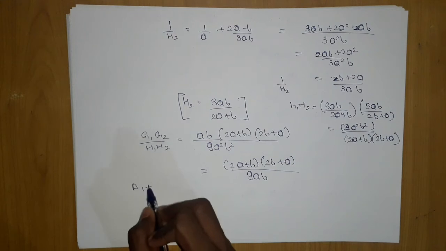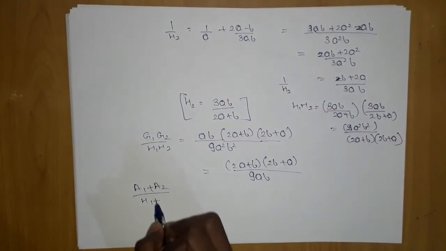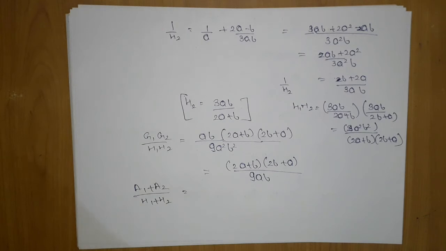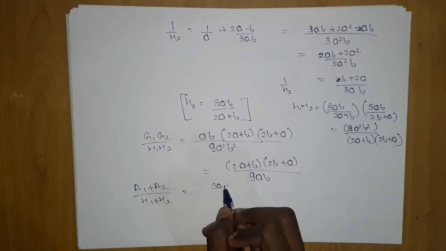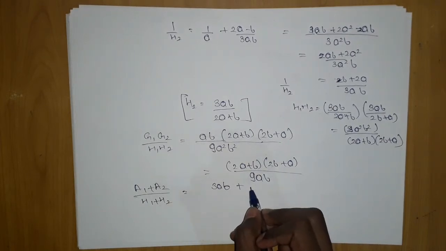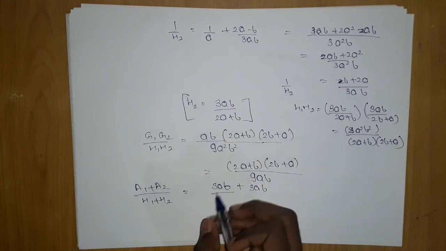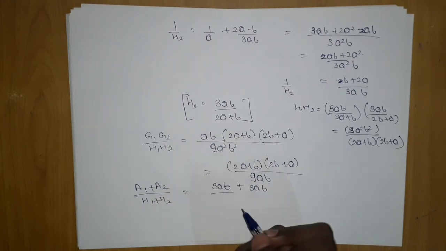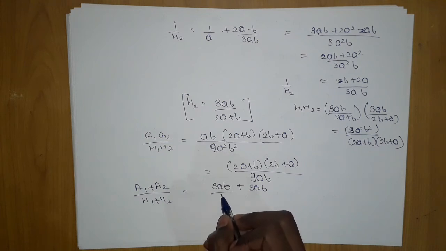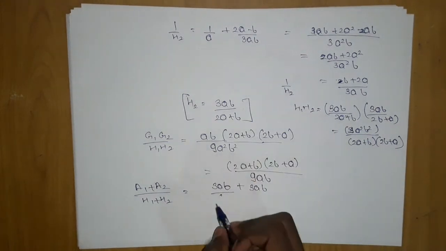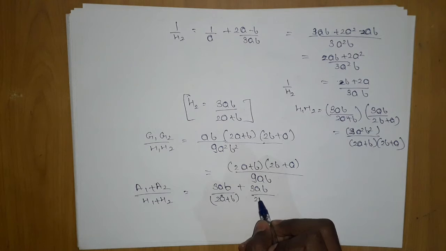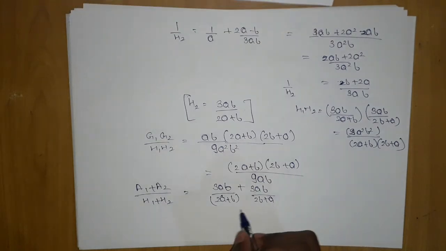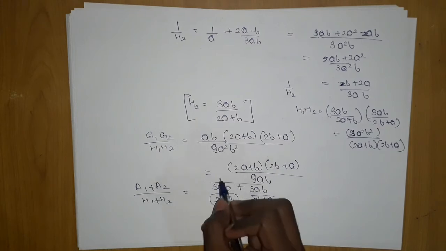How can we do this? A1 plus A2 is given. H1 plus H2 is what? We want to find H1 plus H2. This is H1, so 3AB upon 2A plus B, plus 3AB upon 2B plus A. On the top of this is nothing but A plus B. Now let's take the next page.